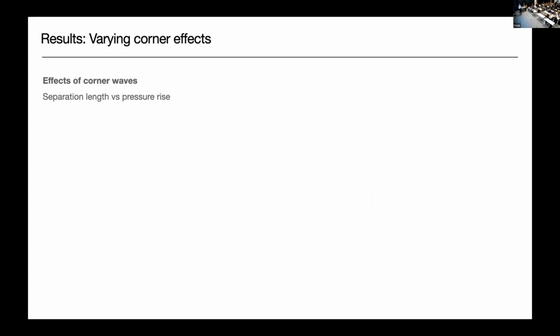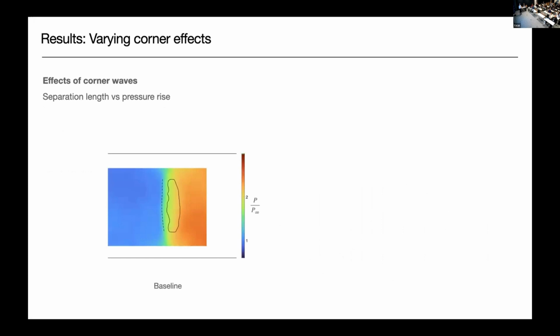Okay, so I want to look at the separation length versus pressure rise, starting at the center line. So this is the baseline case, and we're going to look along the center line, and we're interested in how the pressure from the separation point to the reattachment point relates to the separation length in the center.